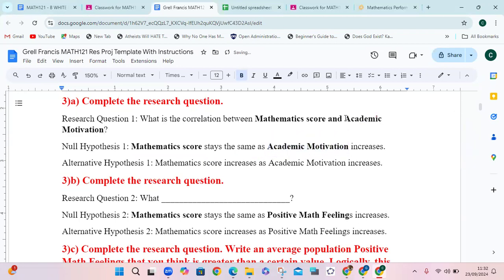When such a question is posed, the null is bound to say that there is no correlation. That's how it is set up. The null must respond by saying no correlation.